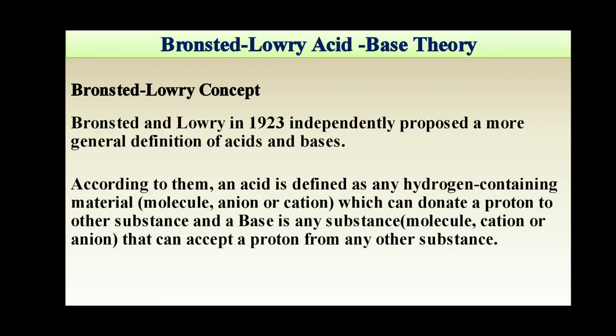An acid is defined as any hydrogen containing material, molecule, anion or cation, which can donate a proton to another substance. And a base is any substance, molecule, cation or anion, that can accept a proton from another substance.